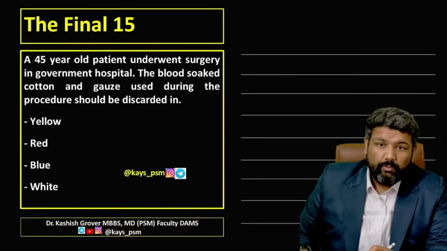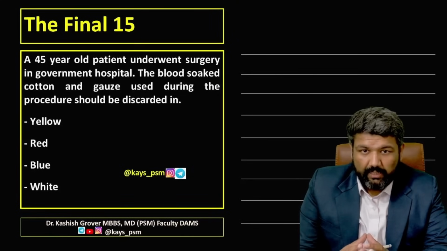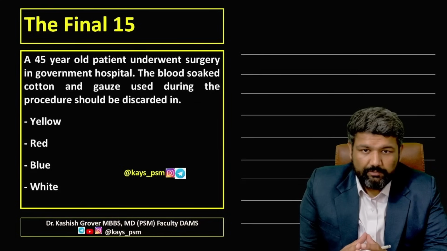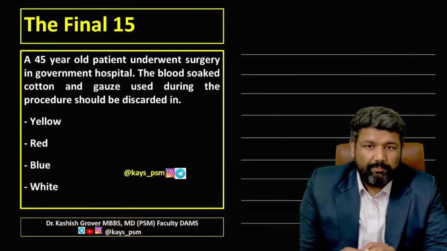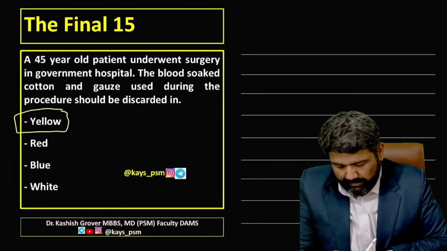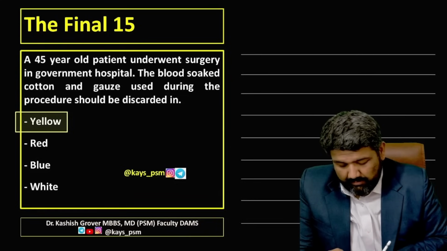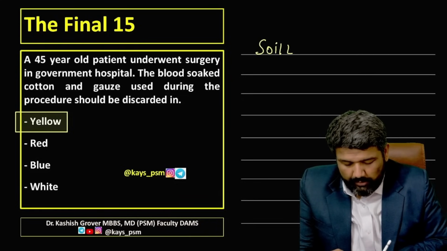Now, coming to this question: a 45-year-old patient underwent surgery in a government hospital. Blood soaked cotton and gauze used during the procedure should be discarded in yellow. So guys, this comes under the category of soiled waste.